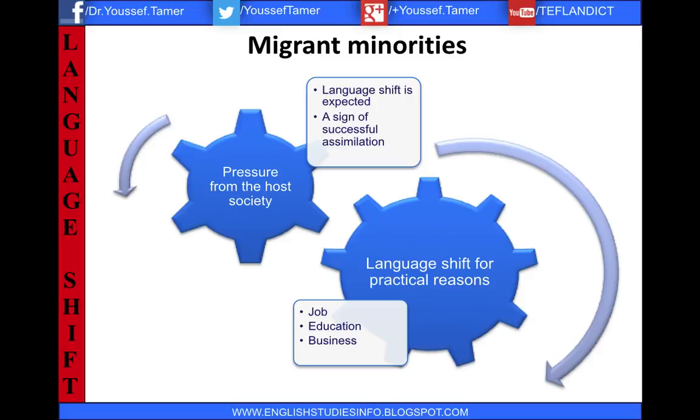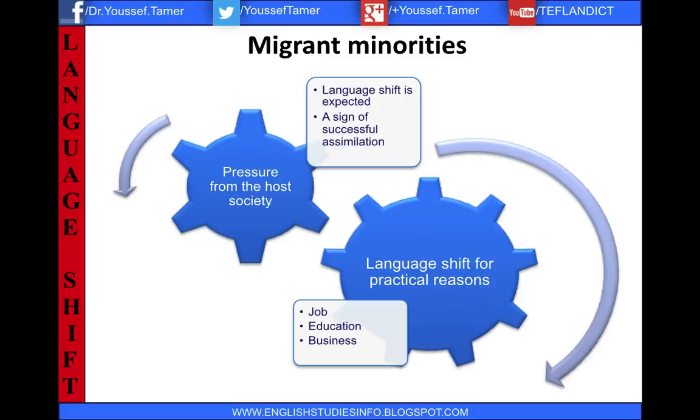The other category is language shift for practical reasons. The first one is the same, but here we are just talking about details, the details of the reasons why the local majority exercises pressure onto the immigrant minorities. This language shift for practical reasons could be job, education, and business.